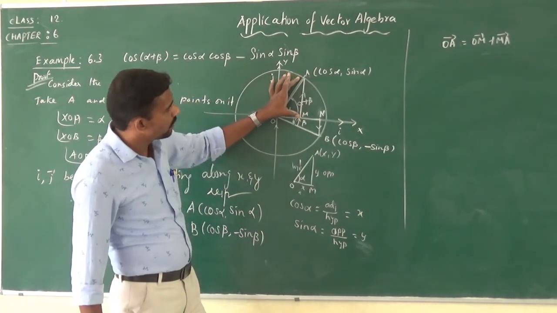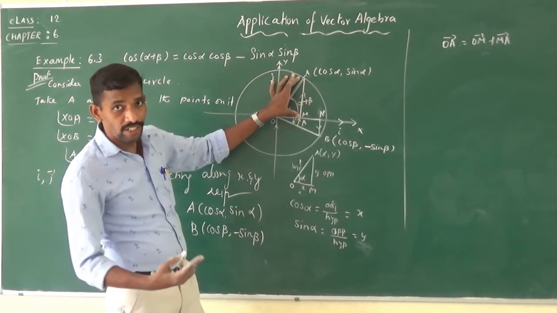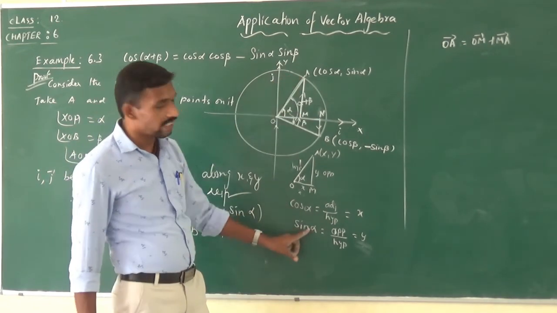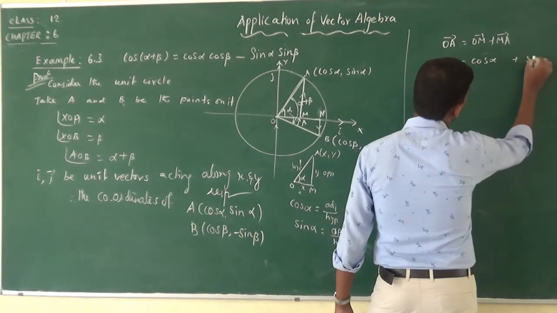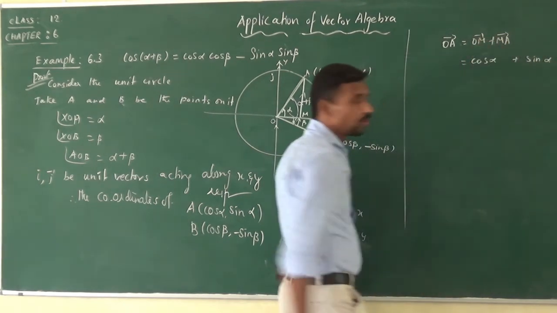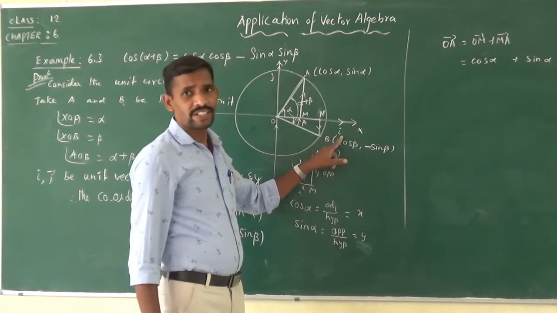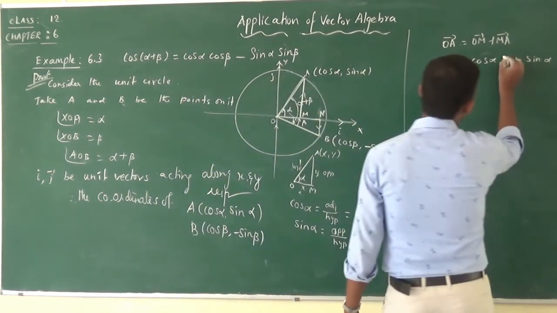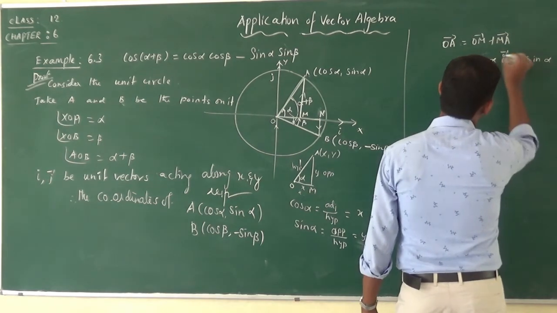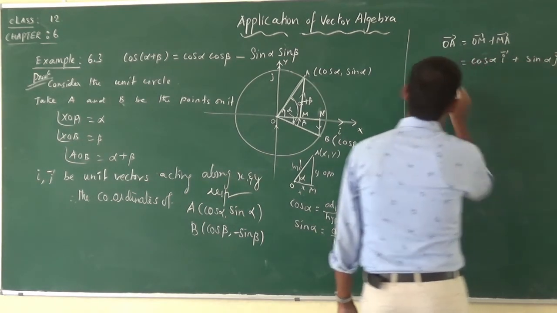M to A is vertical, vertical value is y, and y is sin alpha. Now this is cos alpha and this is sin alpha, but this is a vector, you know. In horizontal the i vector acts, in vertical the j vector acts. So we want to represent it as a vector: cos alpha i vector, sin alpha j vector.